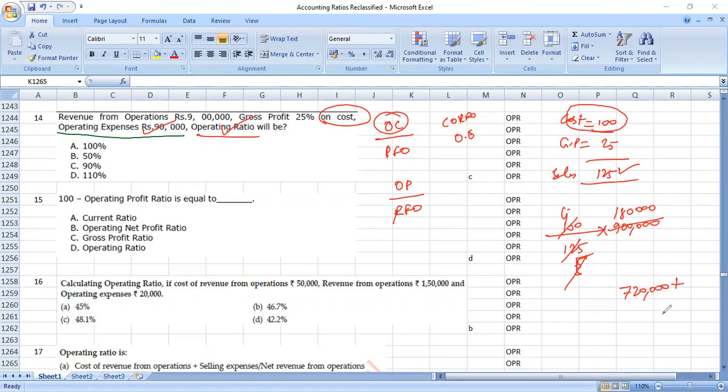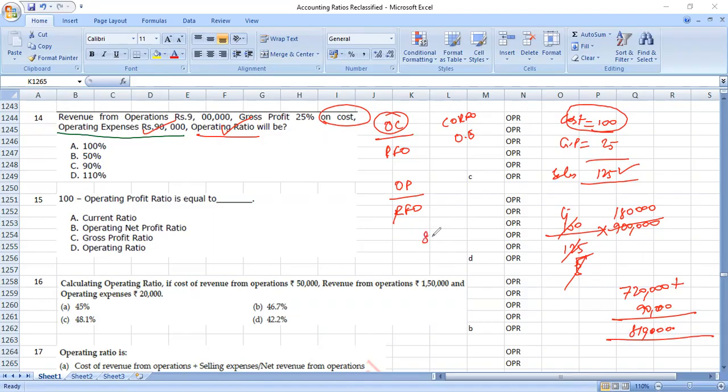To that you add operating expense of 90,000. You will get 8,10,000, which is your operating cost.